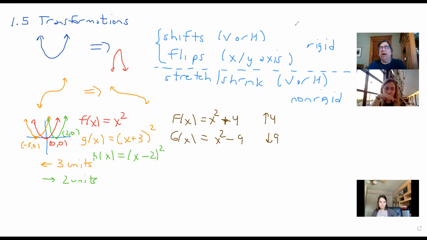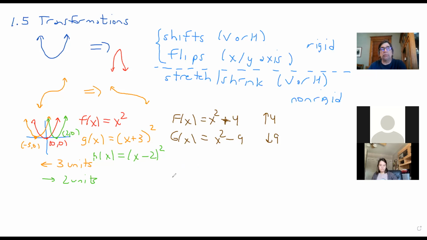And then when you flip your graph, there are 2 different flips you can do here. Actually, this is not a good graph to do this for. Let's start with another one. Let's take the graph of the toolkit function x cubed.